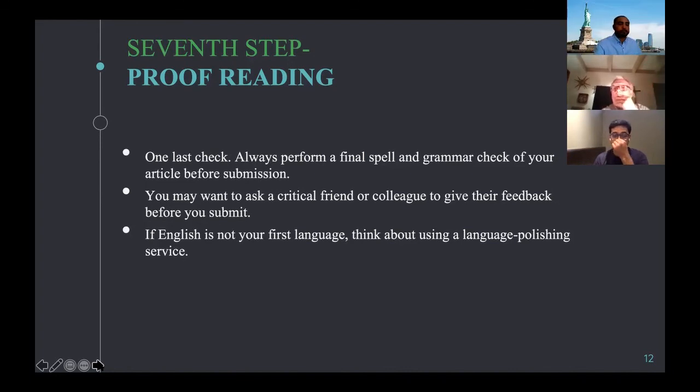If English is not your first language, you can also take help from a language polishing service. There are several paid language polishing agencies you can try.